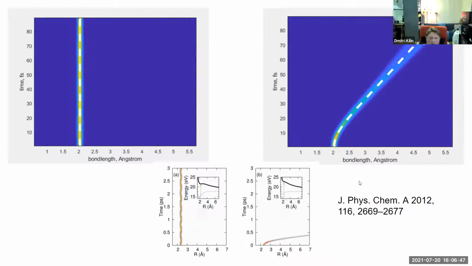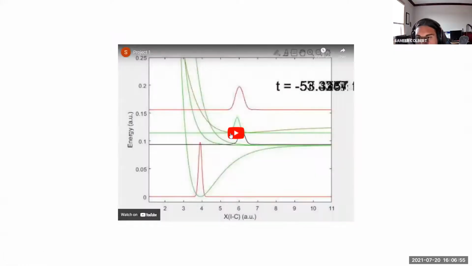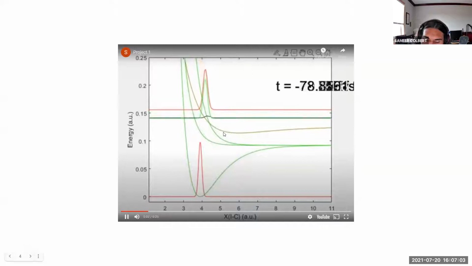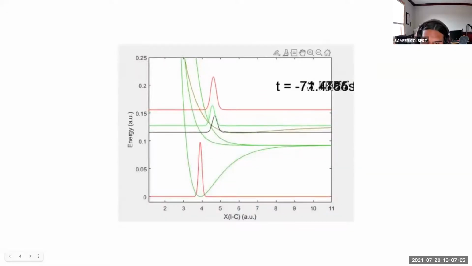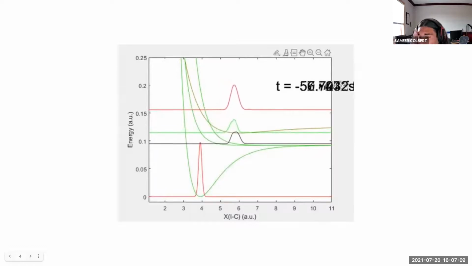Can you go back and would you please explain what it means, excited, not excited? So by excited, basically what happens is when the molecule is energized, electrons will move into different orbitals that have more energy.